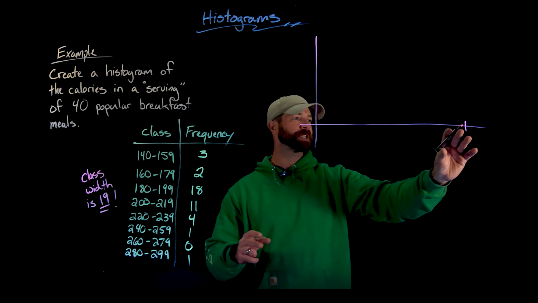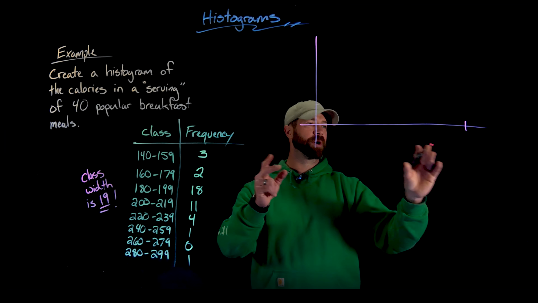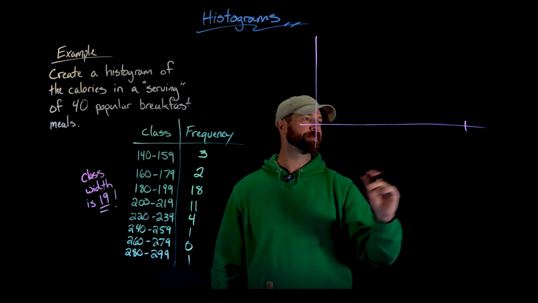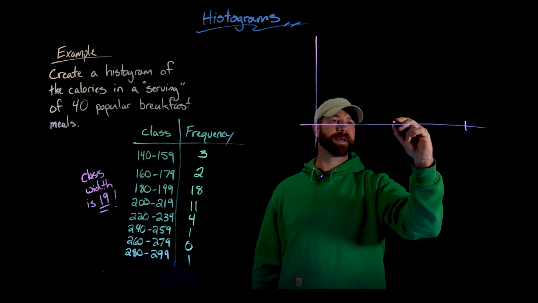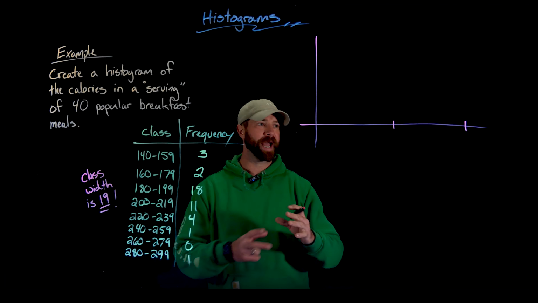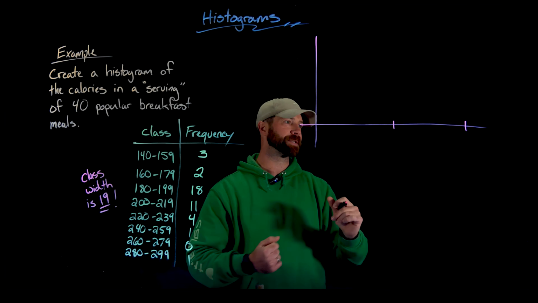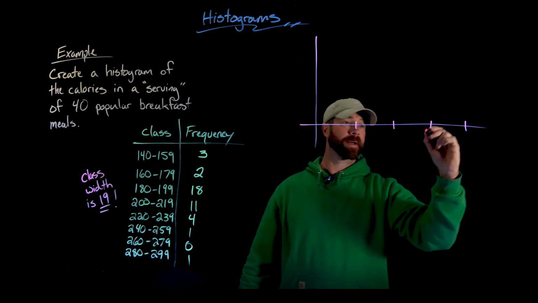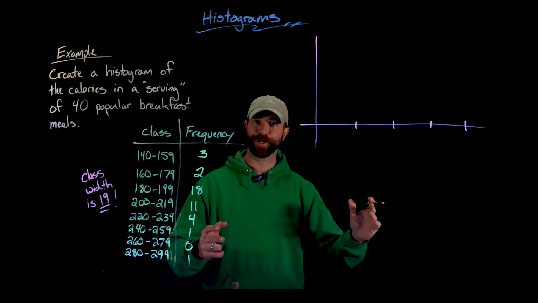So first of all, this is my ending point. This is going to be 0 in this, or the lower limit of this first class, I should say. I'm going to cut this in half. If I cut that in half, we now know I have 2 of these buckets or classes. I'm going to cut each of these in half. I then have 4 classes.